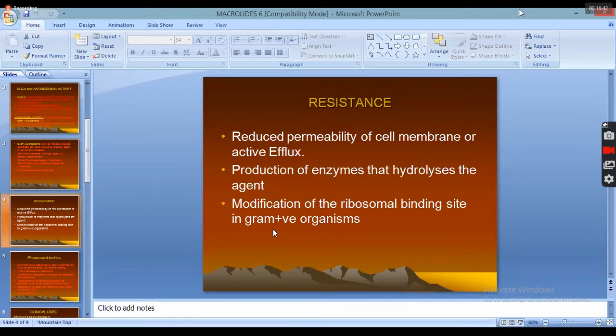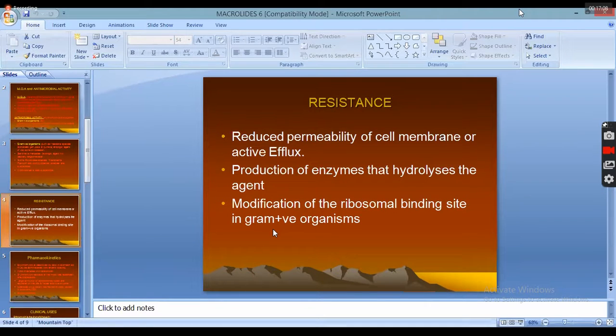So the amount of the drug which is entering is okay or maybe less. And on top of that, there is an efflux pump that is present inside the cell of the bacteria and it effectively extrudes or expels the drug out of the cell. So the resultant effect would be a decrease in concentration and hence there would be resistance or a decrease in the eradication of the infection.